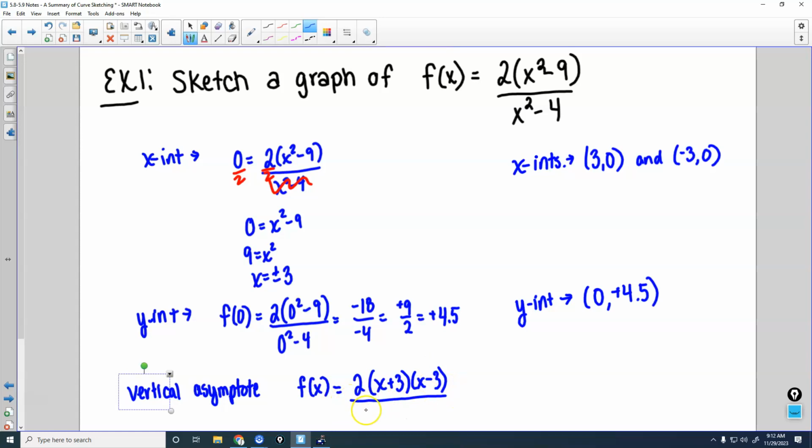And we could factor the denominator into x plus 2, x minus 2. We only look at the denominator for these because it's okay to have a 0 in the numerator. Those are our x-intercepts. We want places where we'll have zeros in the denominators that do not cancel. Will anything cancel here? No, so we don't have any holes in this graph. But I would have vertical asymptotes at x equals 2 and x equals negative 2.